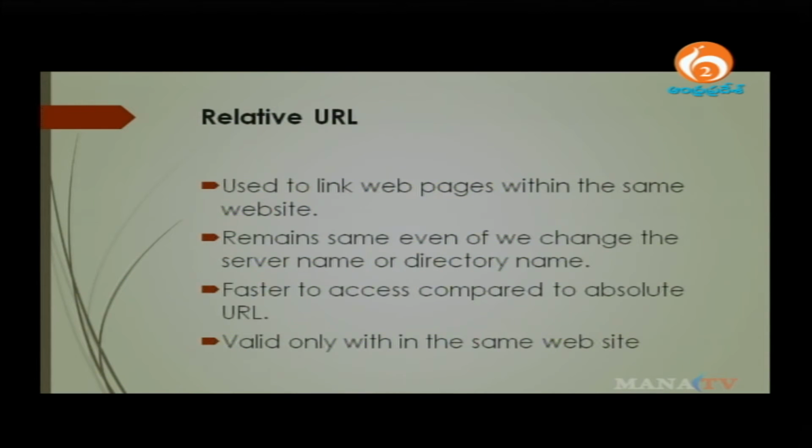What relative URL means is we are omitting the protocol and the domain name, and sometimes some path also. If you go to a different website, then this relative URL is not valid at all.